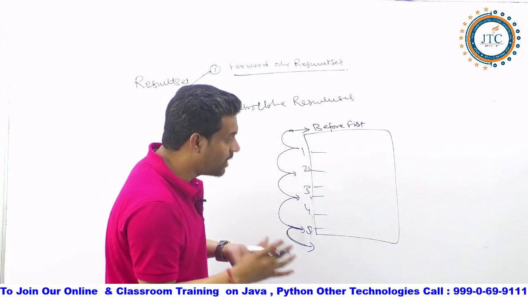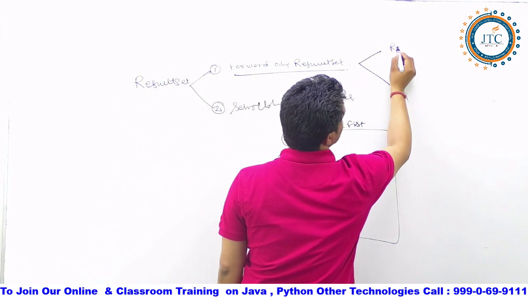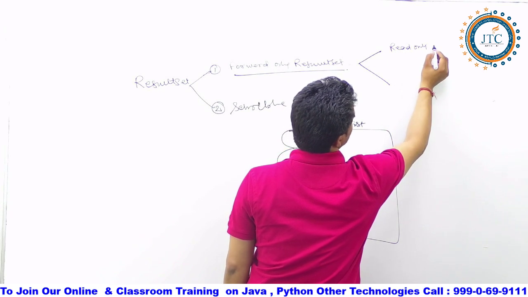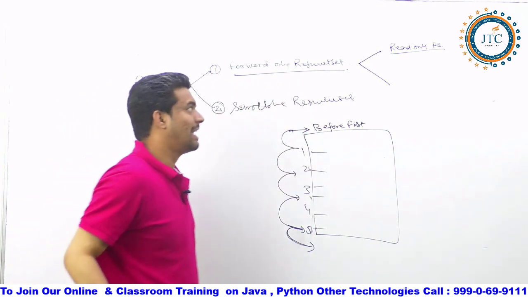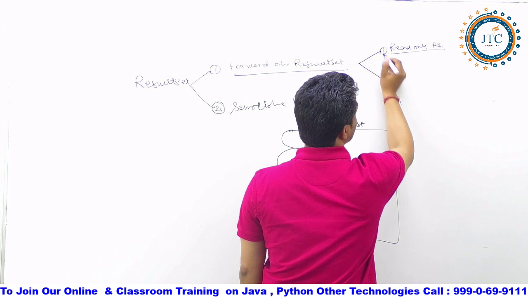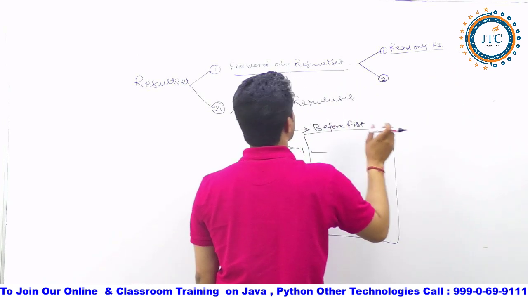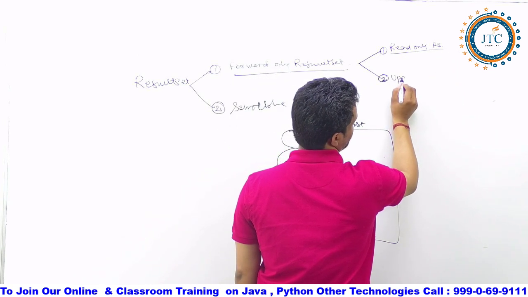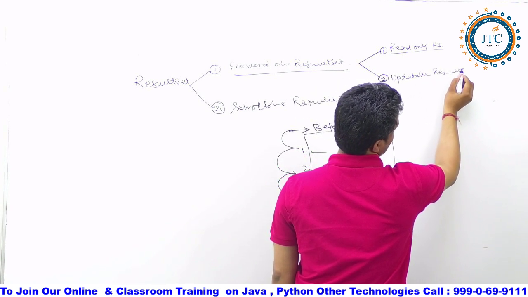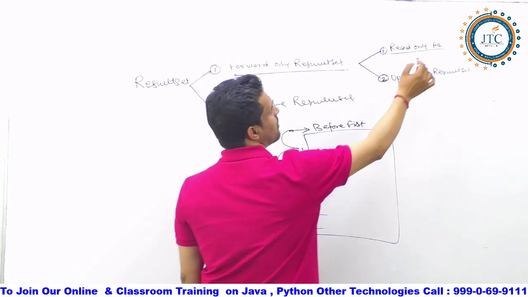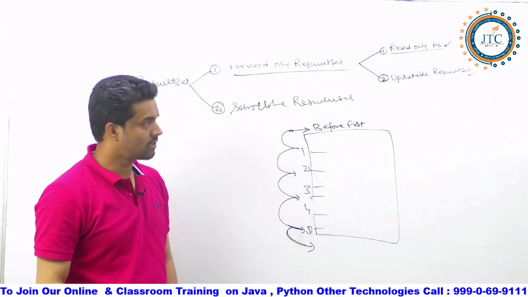And now here you see, two things are going to come into the picture. One is read only ResultSet, and the second one is updatable ResultSet.